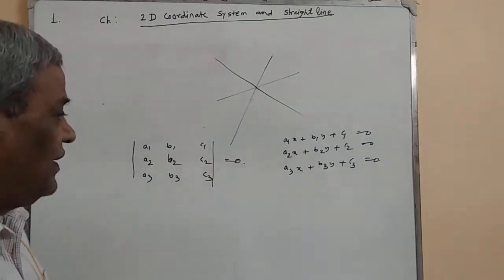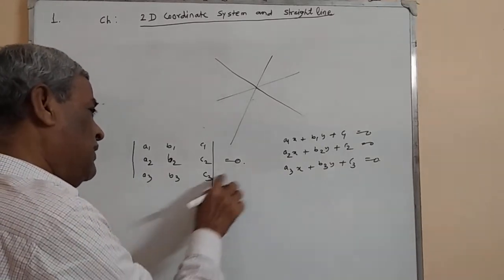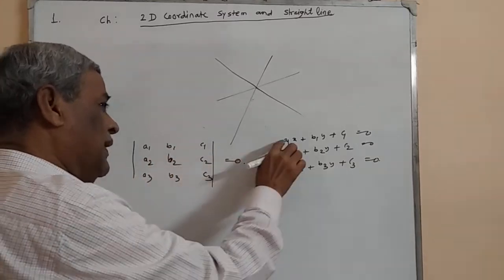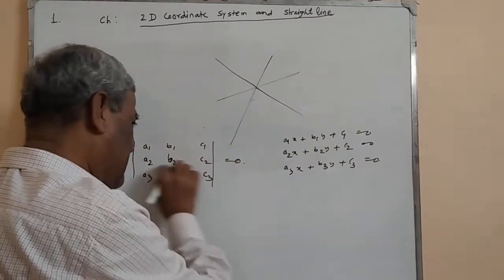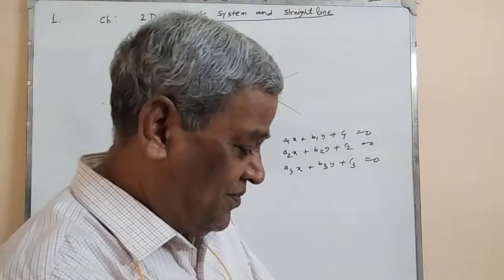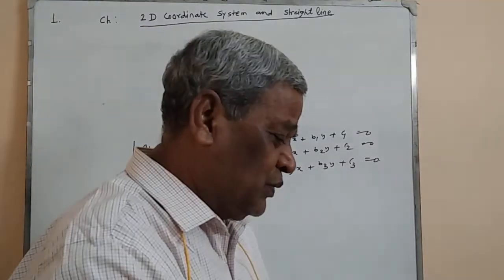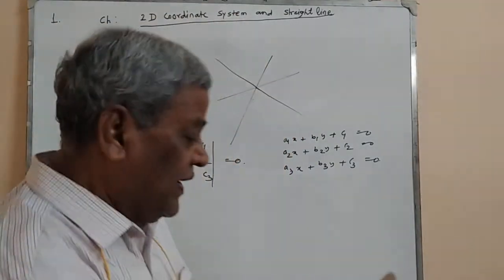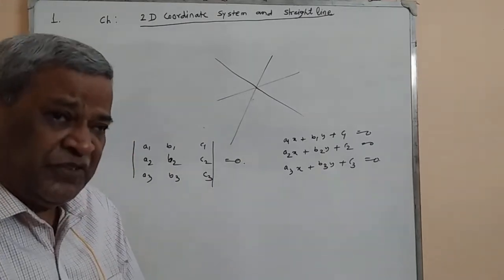On the contrary, if this determinant is 0, then a1x plus b1y plus c1 and the other straight lines are concurrent. Now, with this knowledge, let us solve a few problems.